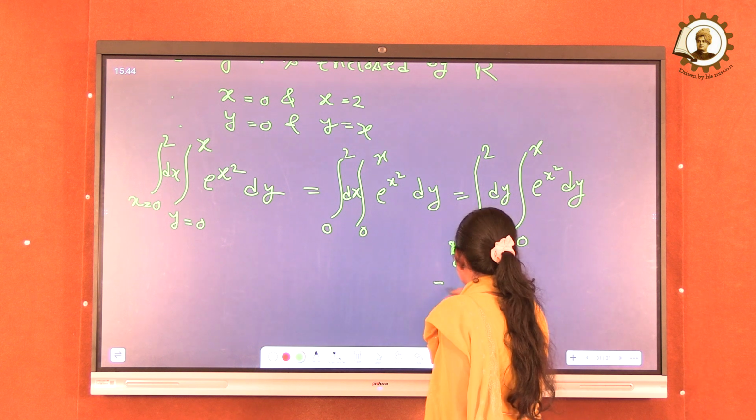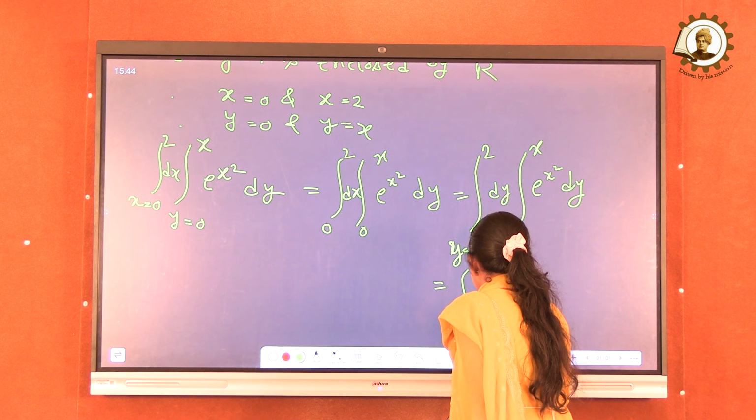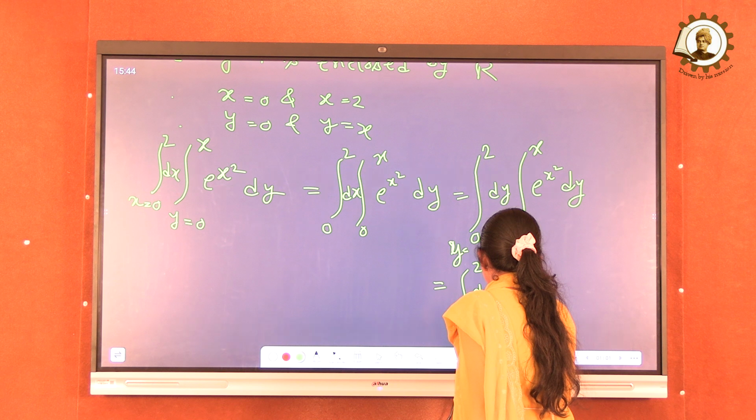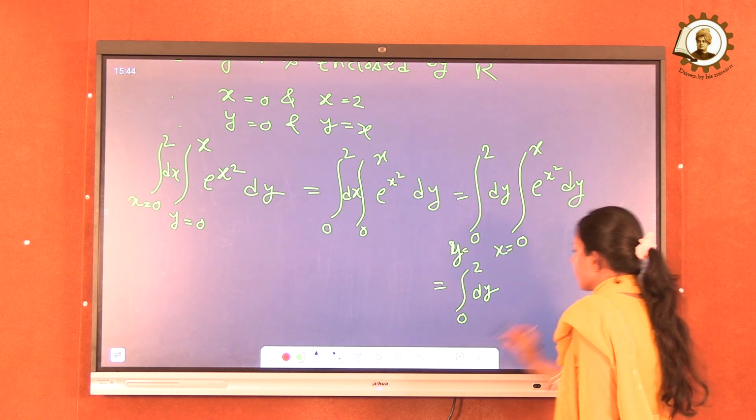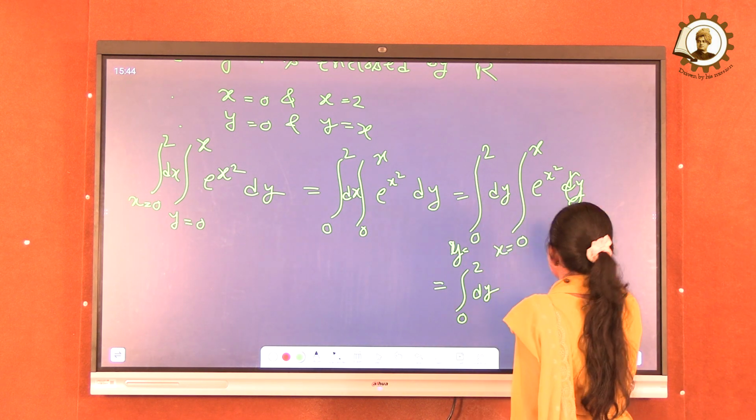Now let's evaluate this double integration. At first 0 to 2 dx is unchanged.